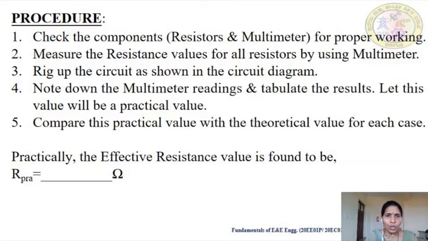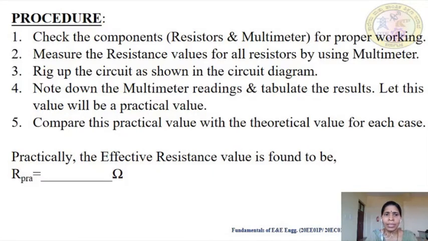Then rig up the circuit as shown in the circuit diagram. Note down the multimeter readings and tabulate the result. Let this value be the practical value. Finally, compare this practical value with the theoretical value for each case.